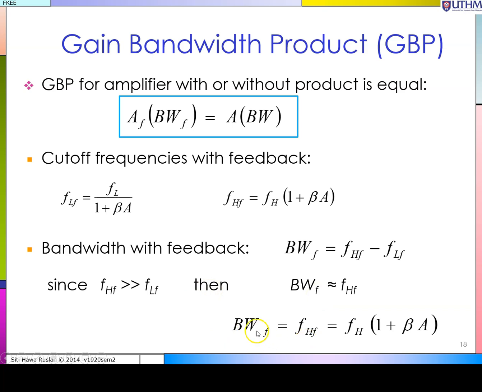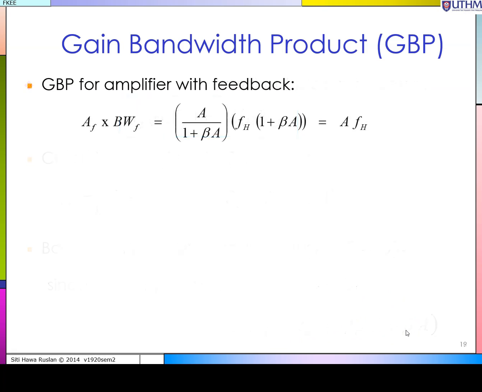So I can write that the bandwidth with feedback is simply FHF, and FHF is FH multiplied with 1 plus beta A. Okay. So the gain bandwidth product, AF multiplied with the bandwidth with feedback, will be simply A multiplied with FH multiplied with 1 plus beta A. This is your bandwidth.